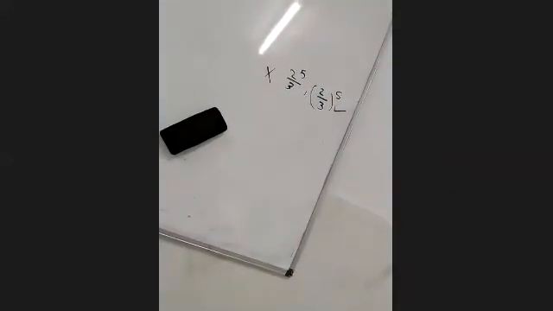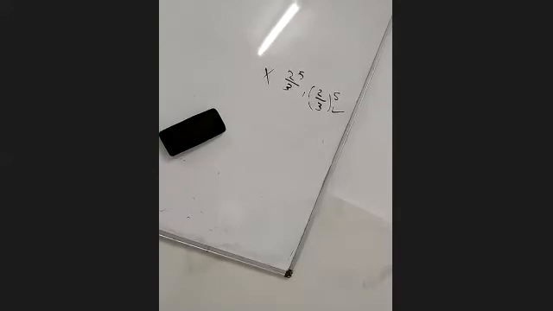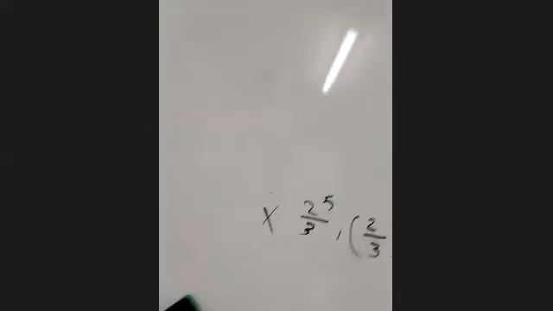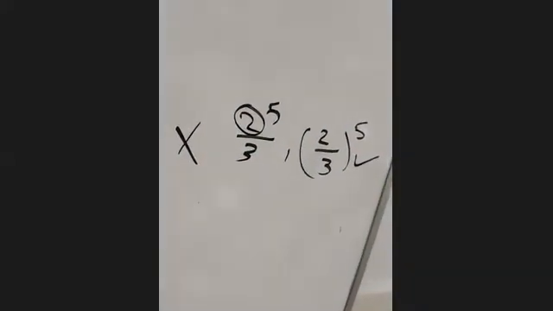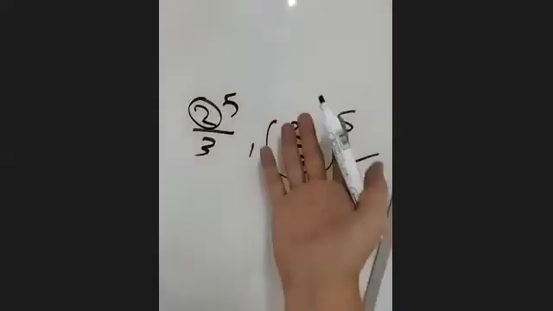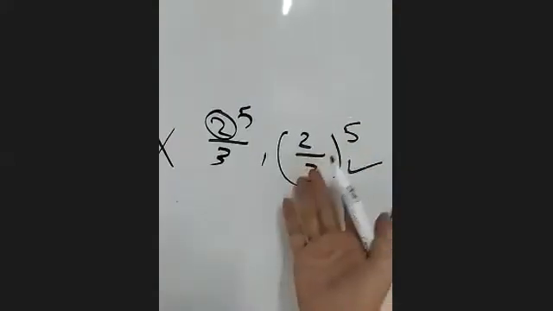Why is this wrong and why is this correct? Because without brackets, it will be only 2 to the power of 5, which is wrong. Without a bracket, the 5 is the power only for the 2. But here, it's all to the power 5.